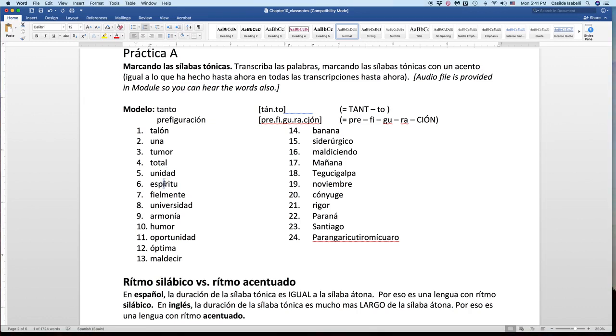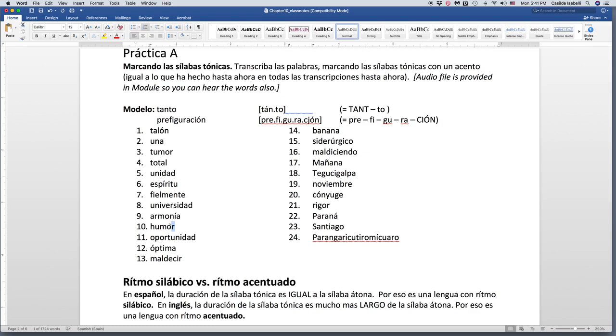Oh, this has a written accent there, so we don't even look at the rule. Espíritu. Ends with a vowel, makes it a llana, fielmente. Ends with a consonant, makes it aguda, universidad. Here we have an accent, armonía.